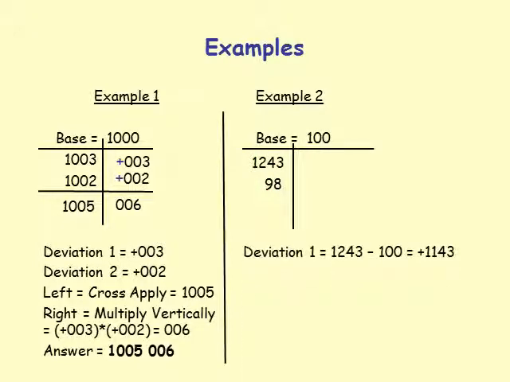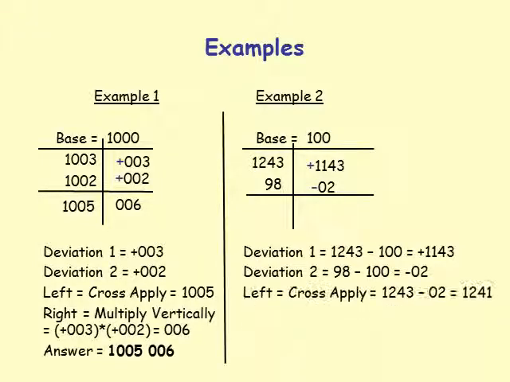Now we start to compute deviations. Deviation 1 is 1243 minus 100, which is plus 1143. 1243 is more than 100. Deviation 2 is 98 minus 100, which is minus 02.